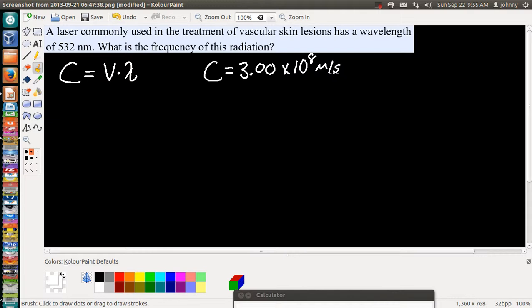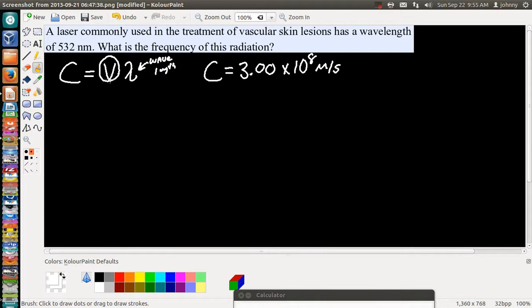Alright, so let's go ahead and try to solve this for frequency. Remember, I said that this one was wavelength. We need to solve for this. We need to get this by itself. Okay, so let's do some algebra.